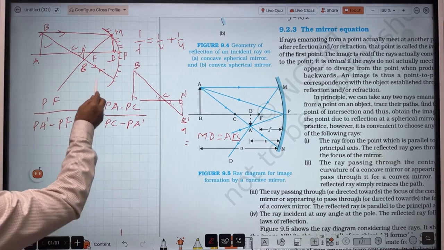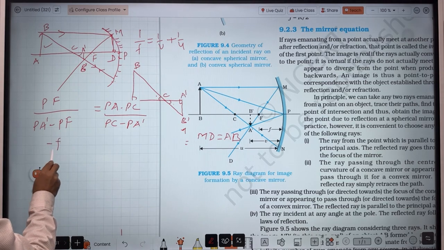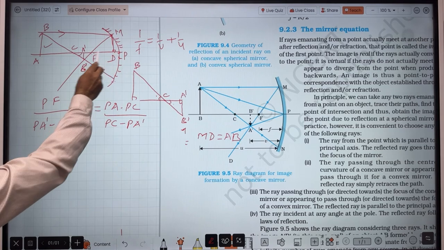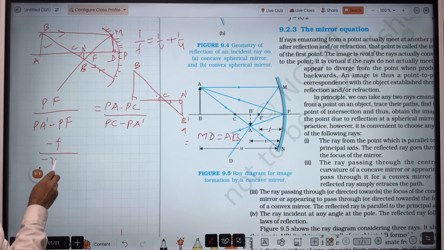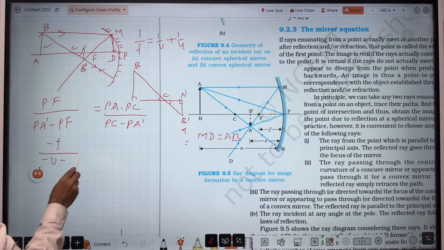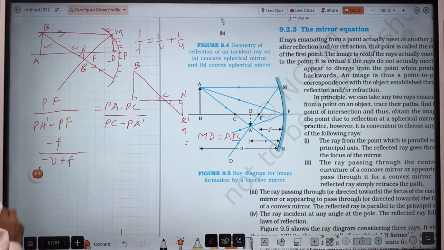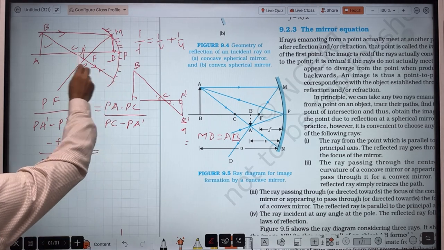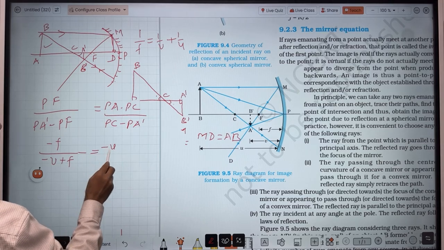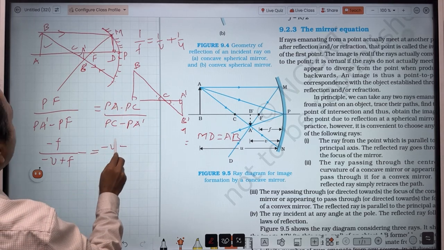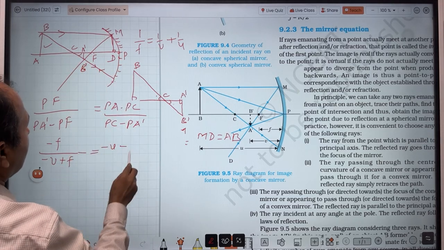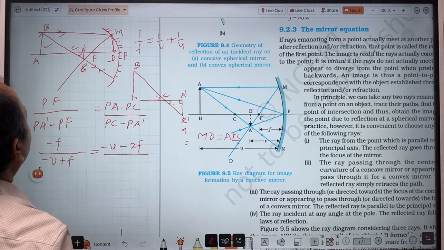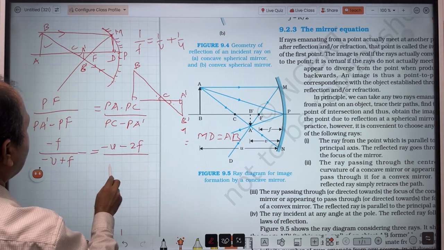Now we can put in the values. PF means focal length. Focal length will be negative here. Minus f divided by PA dash. PA dash means distance of image. So minus v minus PF will be plus f, right? Equal to PA. PA means distance of object. That will be minus u minus PC. PC means it is 2f, or the radius of curvature, right?